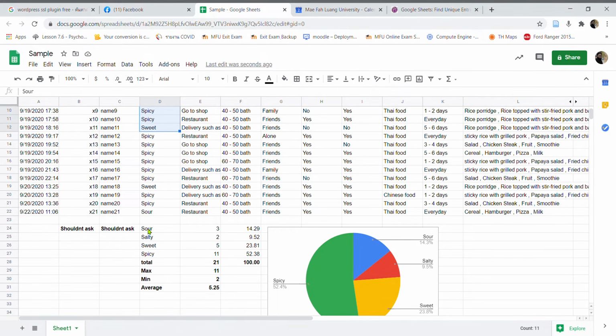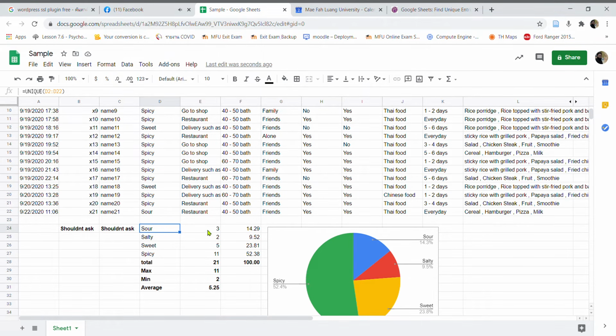First I list all possible choices that they chose, and I got 4 choices. To list this out, I use the unique formula. This will list all possible unique values from this column.